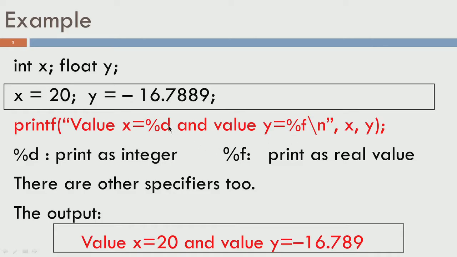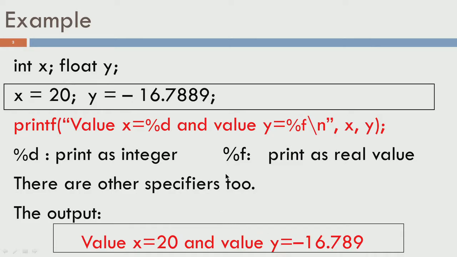This %d is the very first percentage symbol that you see, followed by the letter d. So, this %d associates itself with the first variable x, and the second one %f associates itself with y, and so since %d is for integer, x is printed as an integer, and since %f is for real, y is printed as real.